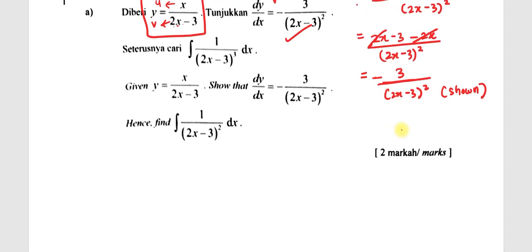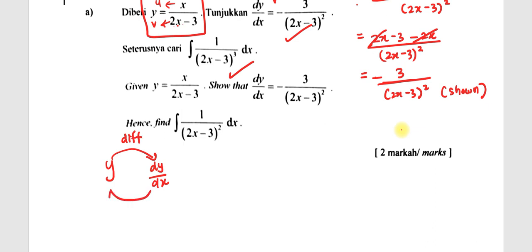Okay, now you see, what you already showed, hence find this. What they actually want to test here is whether you understand that integration is the reverse of differentiation. For example, you get your y, you want to change it to dy/dx, you have to differentiate.